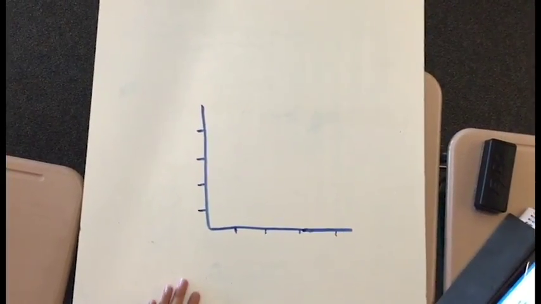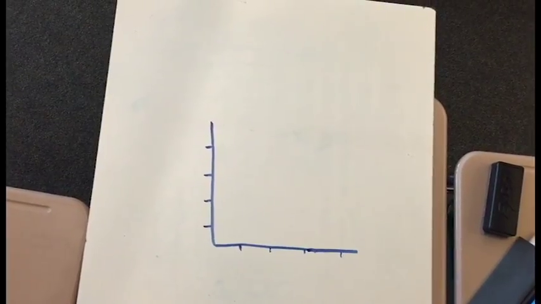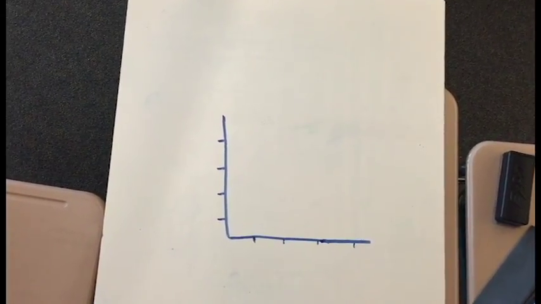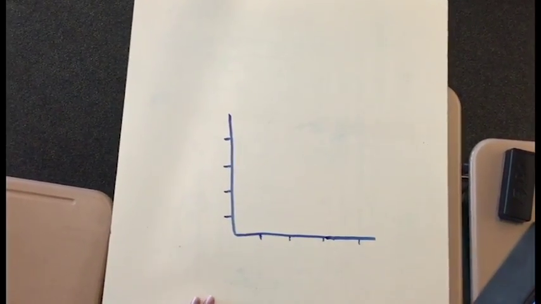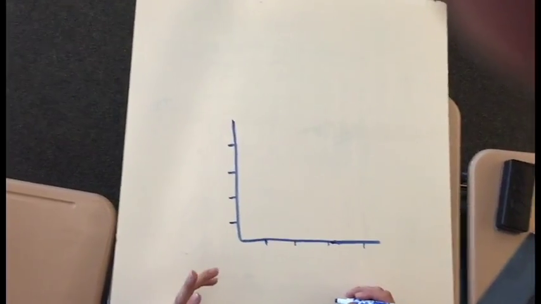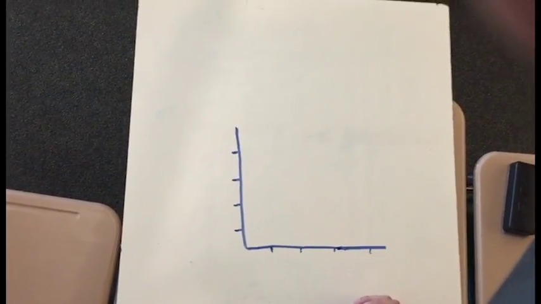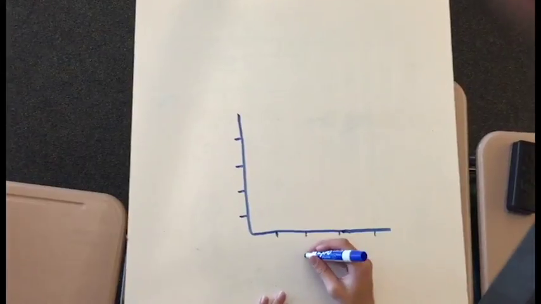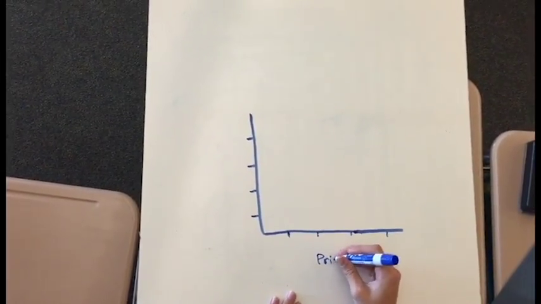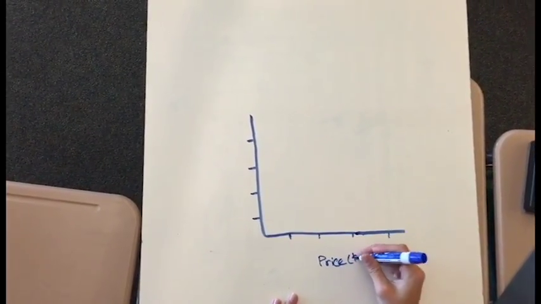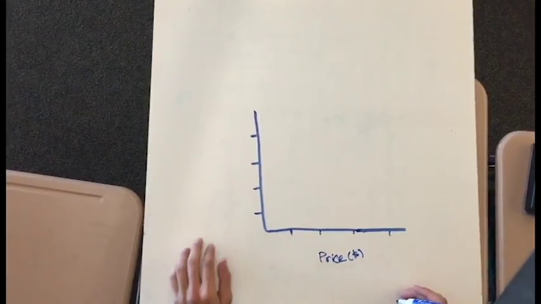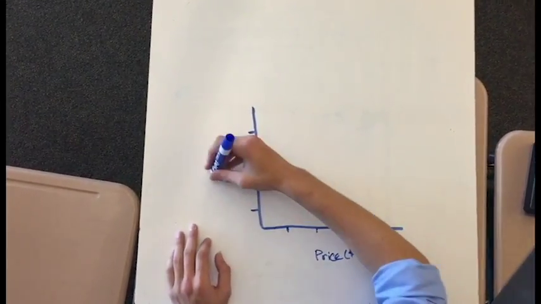Alright, so now we're going to work with the relative frequency histogram, which is a graphical representation of the relative frequencies, which we got. So first again, we have to make our scales and label our axes. On the x-axis is going to be price again in dollars. And on the y-axis, we're going to have the relative frequency.